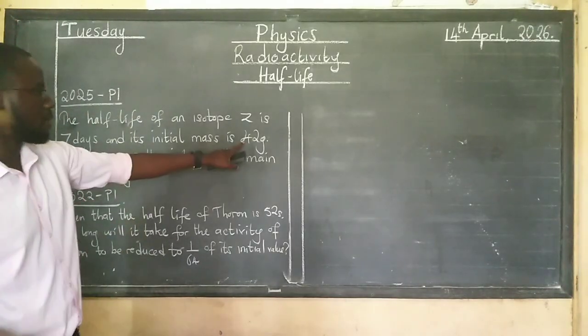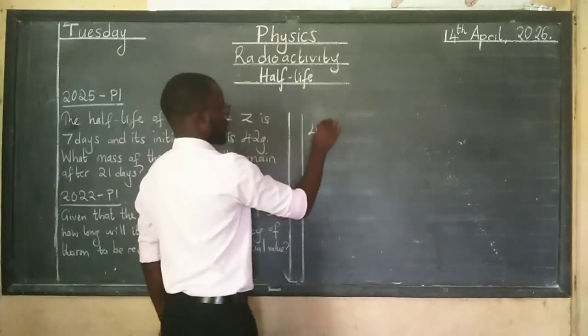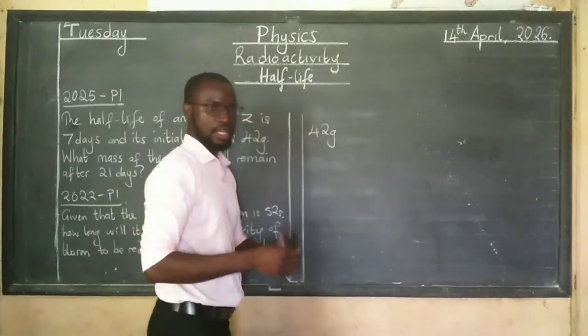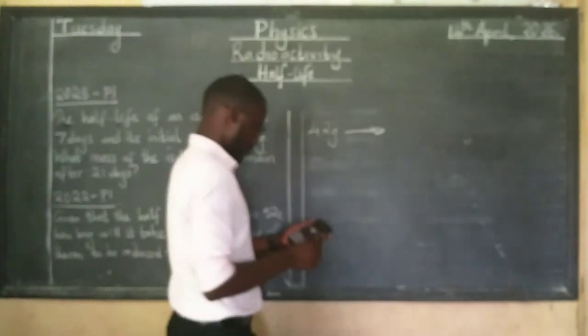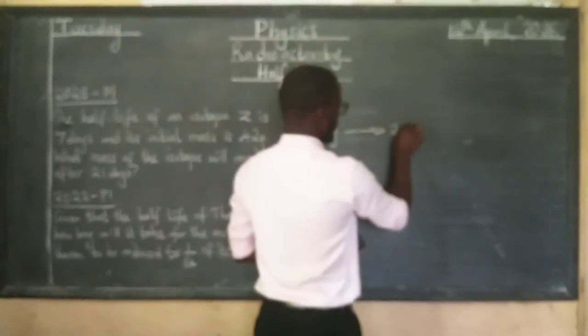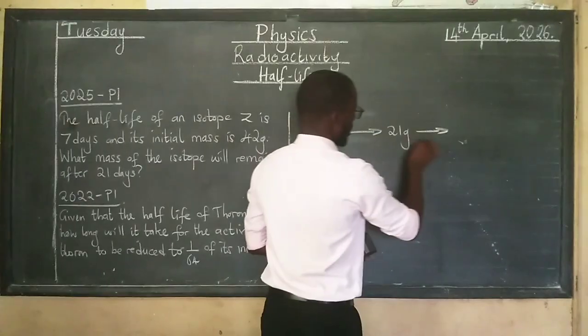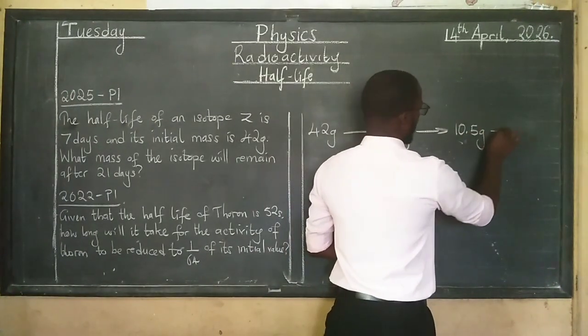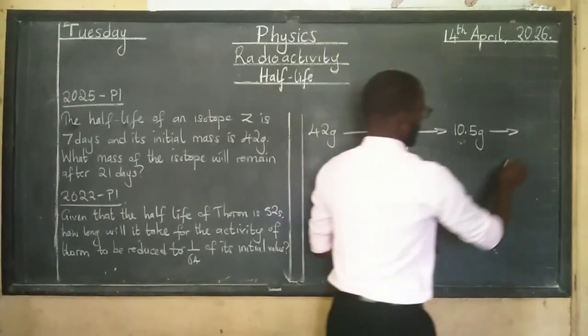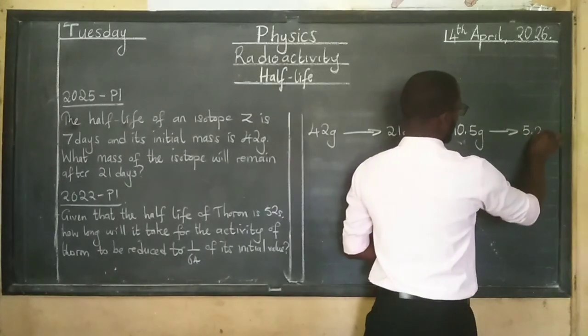As usual, you take the mass, 42, and then you start cutting it into halves. Half of 42 is 21 grams. Half of 21 is 10.5 grams. Then half of that should be 5.25.